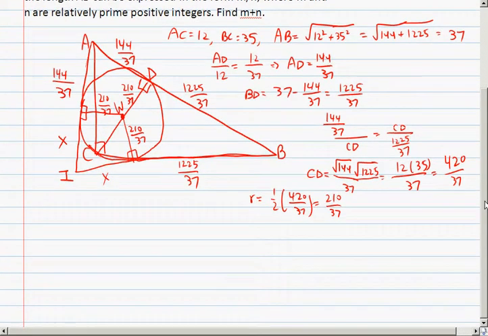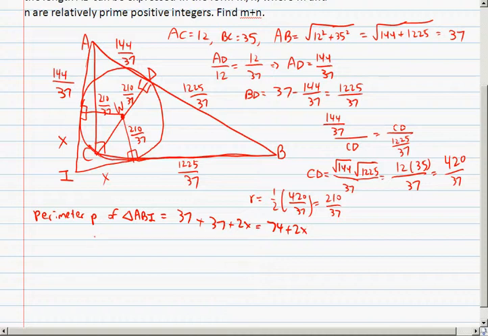So now what have we done? Well, we can calculate the perimeter of triangle ABI in terms of x. Doing so, the perimeter, call that little p, of triangle ABI would be equal to 37 here, plus 37, this plus this, plus 2x, which is 74 plus 2x.